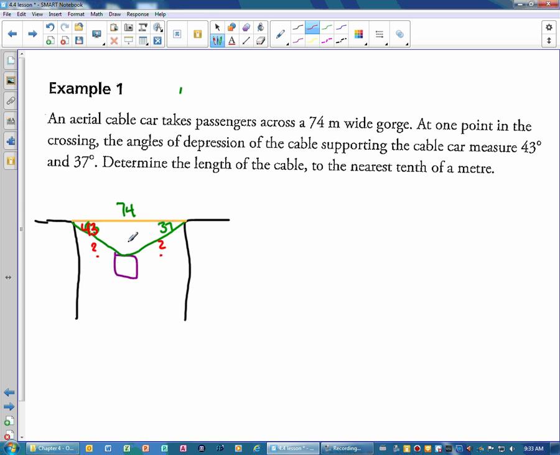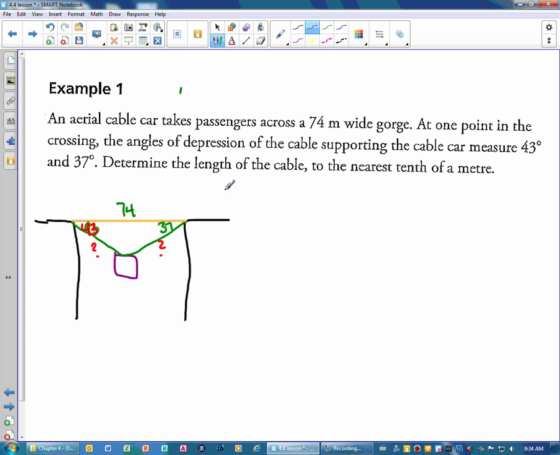So if we look at our triangles, I wouldn't suggest trying to make them into a right angle triangle, because if you tried to draw that 90-degree height, you don't know where it splits the 74. So remember, to use sine law, we have to use a set. We don't have a set because we don't have this angle on that side.